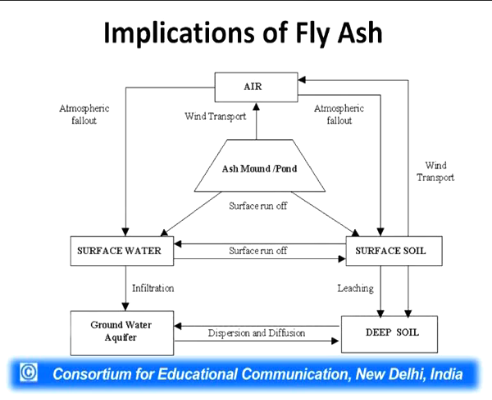Once it becomes part of surface soil, over time, through wind transport, it can again go to the atmosphere or air, or it can reach the deep soil, and from deep soil it can go to the underground. So this picture represents very informative and systematic information about fly ash, what effects it can have on all the different components of the environment, whether it is air, surface water, surface soil, underground water or deep soil.